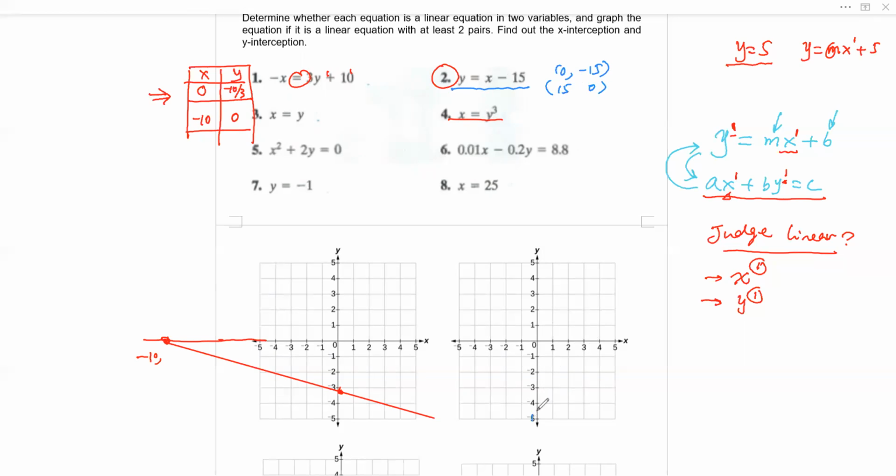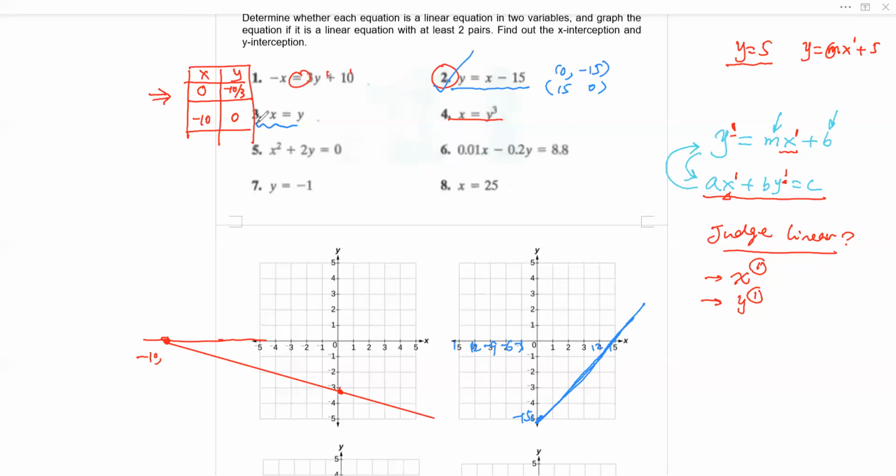Let me change this: negative 15, 0, just 3 times the length. So they pass 0, negative 15, and pass 15, 0. They should look like this. They pass this kind of linear line. So this is also a linear line, right?